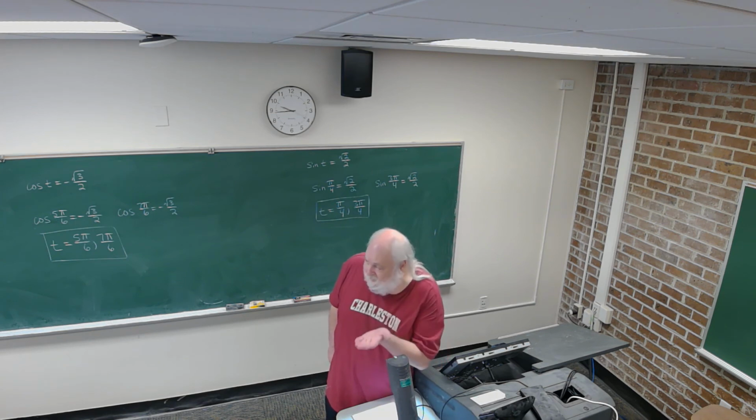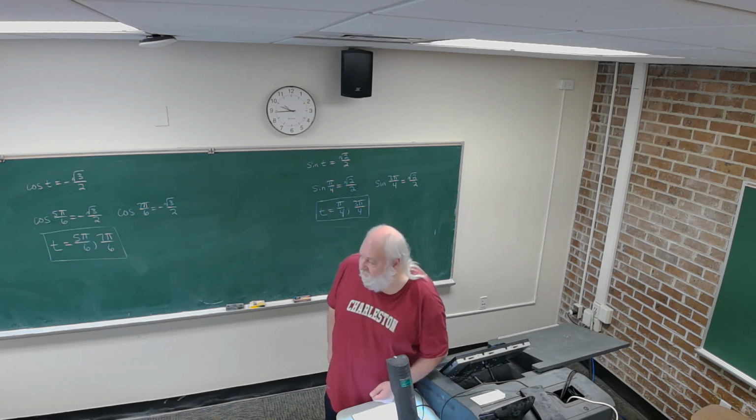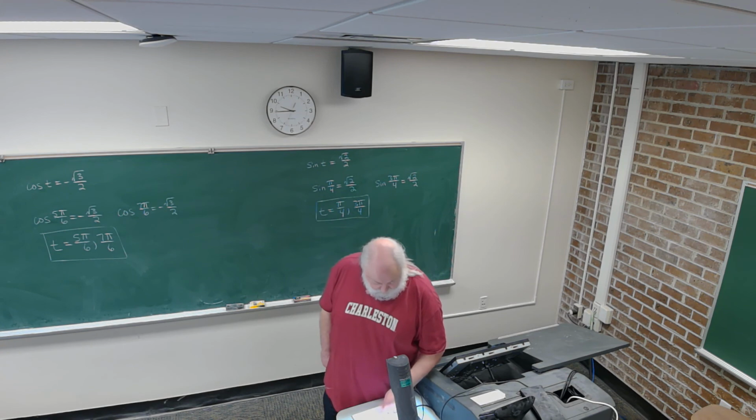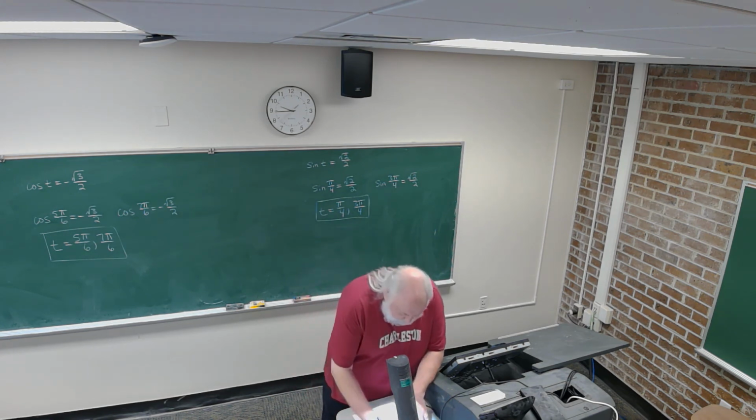So we studied transformations of functions back in chapter 2. And so we're just continuing that discussion here, but we're applying it to the graph of the sine function and the graph of the cosine function. Now, a, b, and c are real numbers.